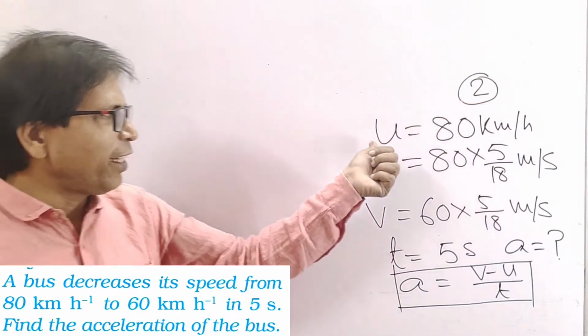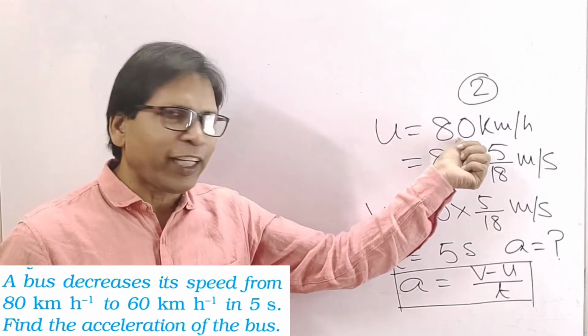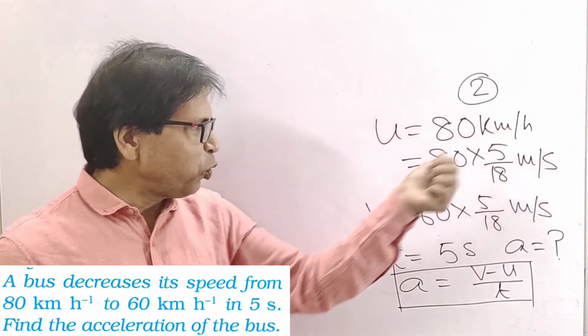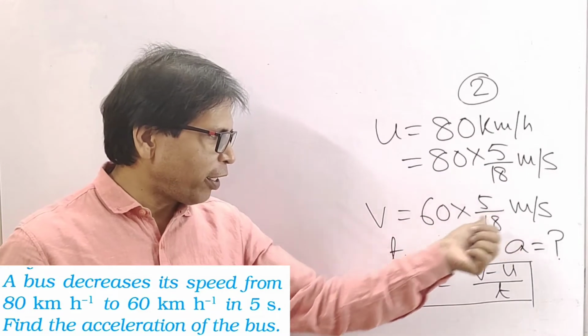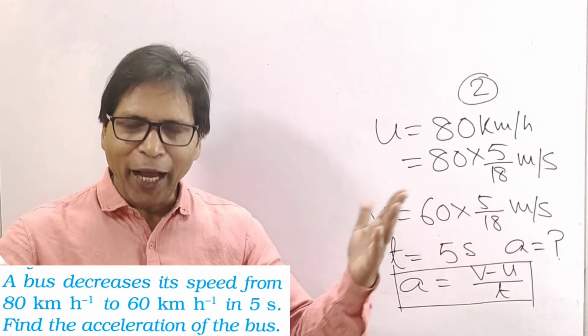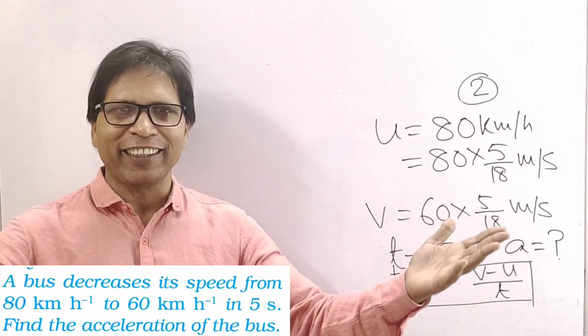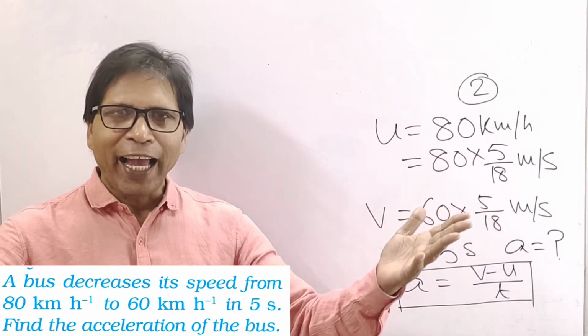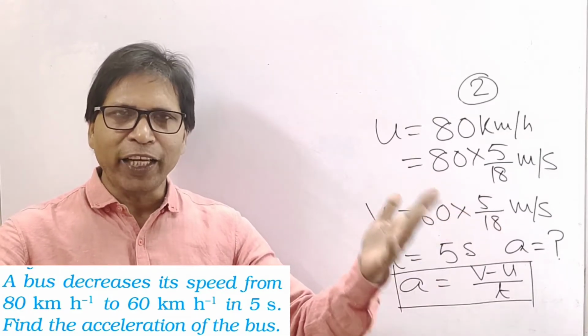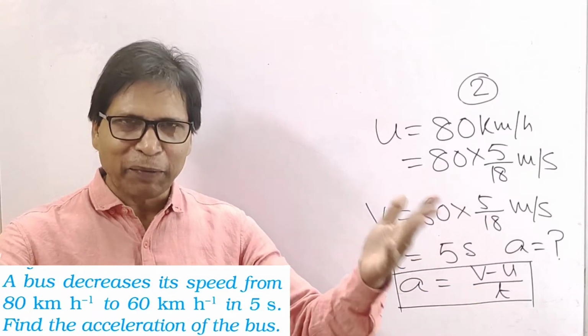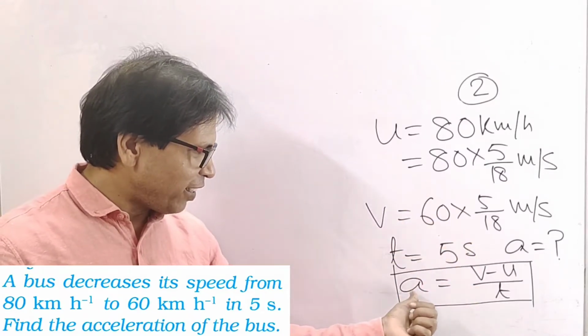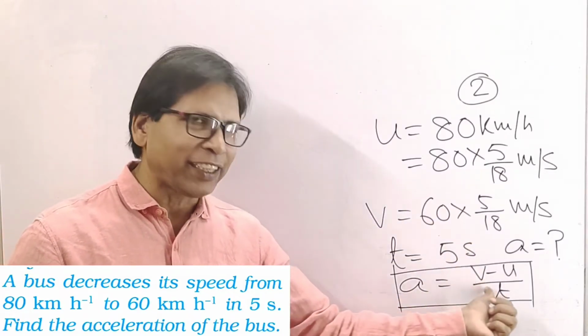Look at this, sum number 2. A bus decreases its speed from 80 km per hour to 60 km per hour in 5 seconds. We have to calculate the acceleration. We know acceleration is the rate of change of velocity with respect to time. Look at this, this is the formula of acceleration.